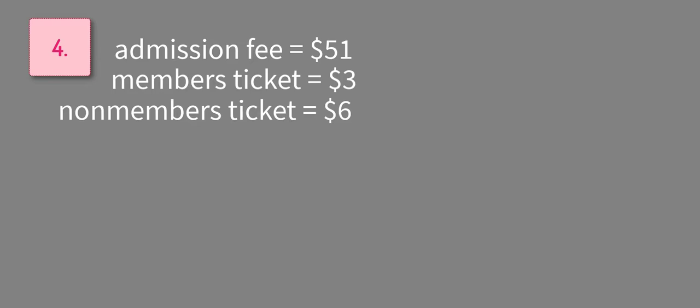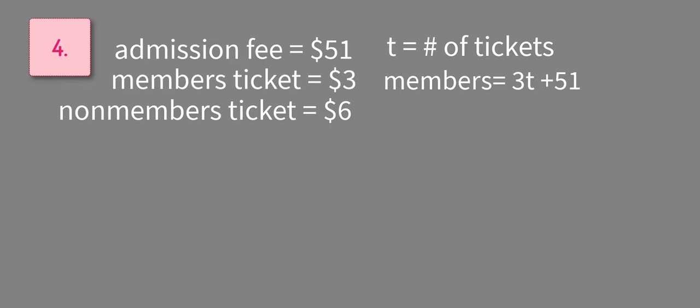For members, the total cost of all tickets, where T equals tickets, is 3T plus 51, because it's $3 per ticket and then their $51 membership fee. For non-members, it's just 6T.